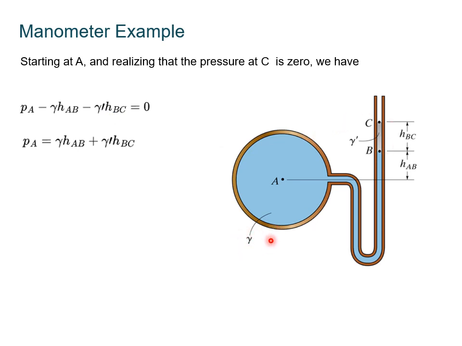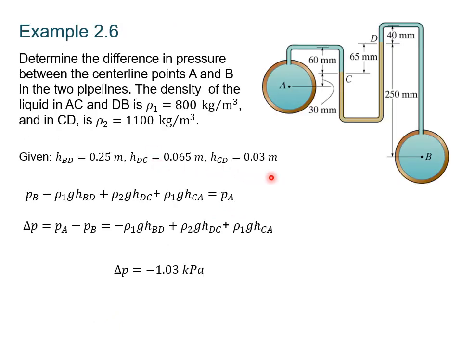So gamma is the specific weight of the blue liquid, and gamma prime is the specific weight of the gray liquid. So we can solve this, we get up to atmospheric here, it's 0. So we can solve this for PA. All we need to know is gamma, gamma prime, HAB and HBC. We can solve it.